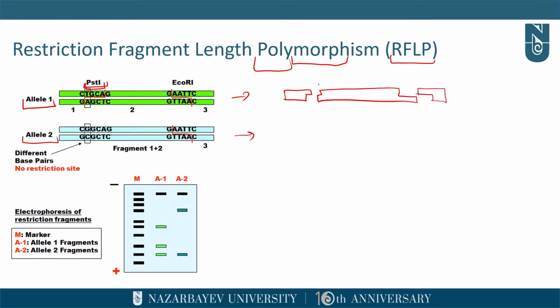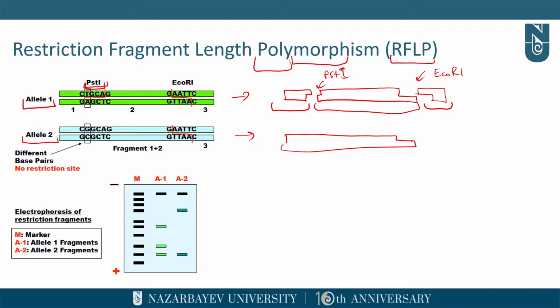So this one will be the restriction site of PstI, and this is EcoRI. Okay, so allele 1 produced 3 different pieces. Allele 2 will produce one long and one short. So this is the EcoRI restriction site, and of course we have 2 fragments and 3 fragments here.